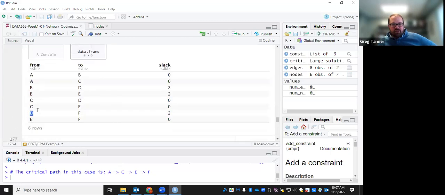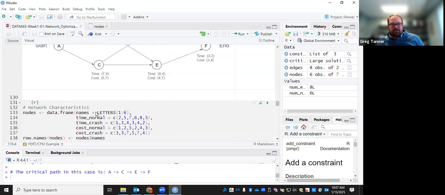Okay. And so it's maybe not 100% clear just by looking at the slack what's on the critical path, but it's more clear what's not on the critical path: the edges from B to D, B to E, and D to F are definitely not on the critical path.